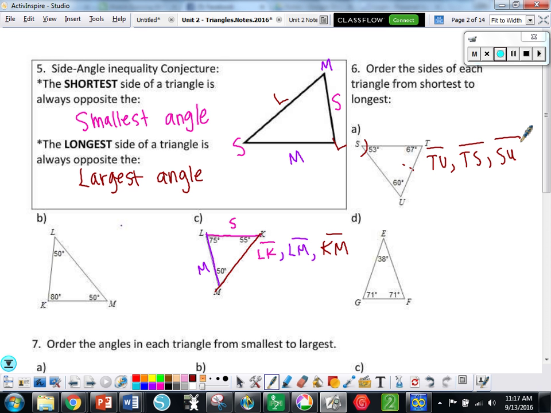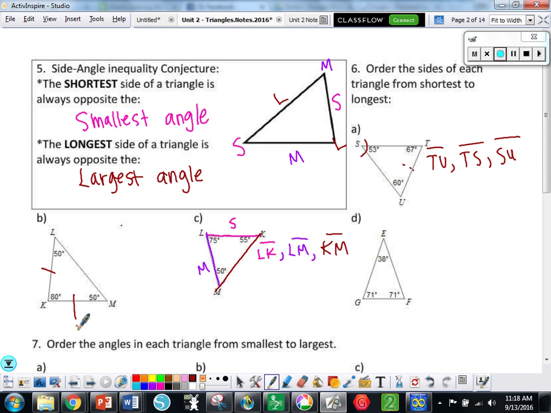Good. What do you notice about part B and D? On part B, when you're looking for the smallest angle, what do you notice? I've got two equal angles, right? Which means if I have two congruent angles, I'm going to have two congruent sides. If this is angle 50 and this is angle 50, that means those sides must be the same as well. It must be an isosceles triangle.